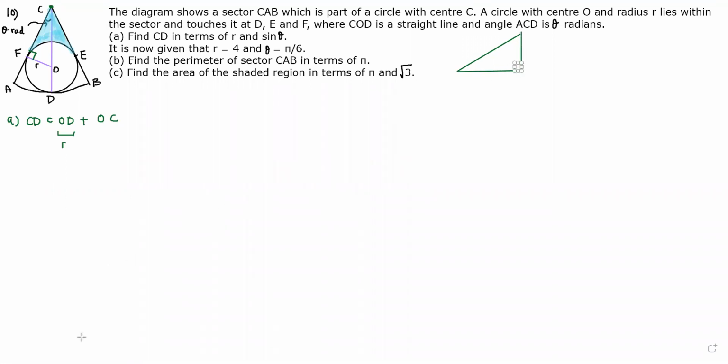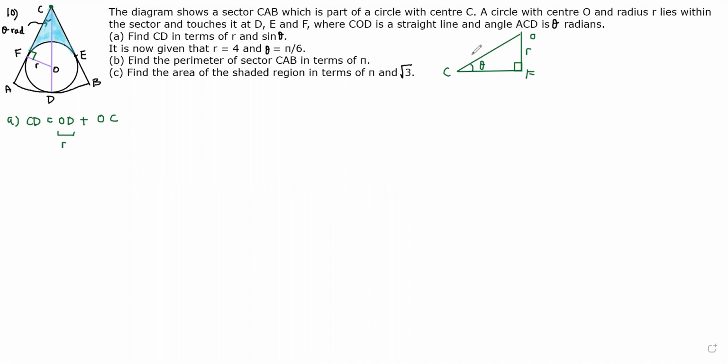The right angle is at F. We have C and O here. We know that OF is the radius of the circle, so this has a length of R, and angle FCO is given by theta.